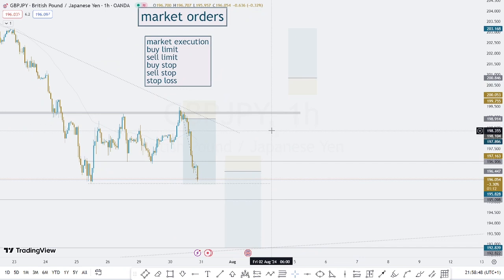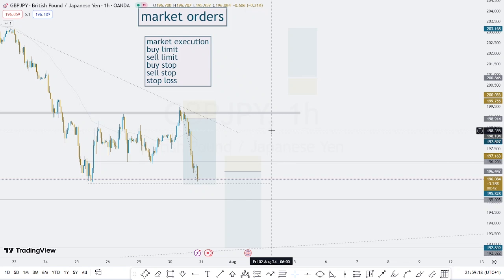As you can see on my chart now, I have a current trade that is running. If I want to use market execution, that means I'll enter directly at the current price. Imagine a big market, and you want to buy something there.